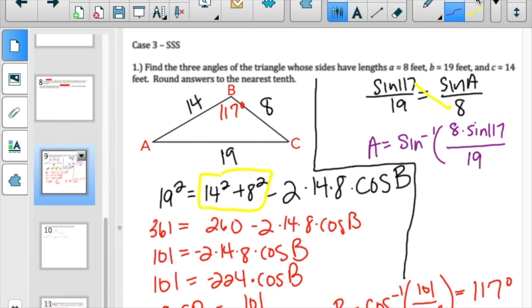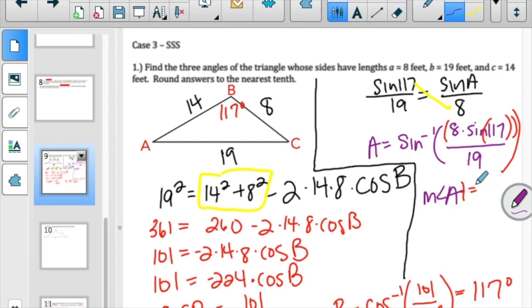And this is where you guys and gals need to be really careful. You have to use lots of parentheses here, remember? And you would have another set of parentheses around that 117. So typing that in, measure of angle A equals what? 22.